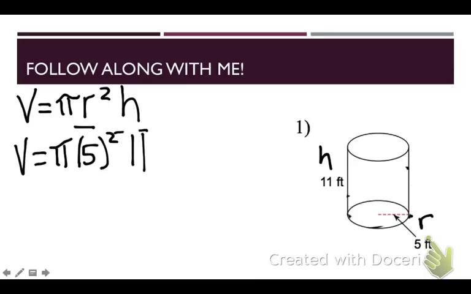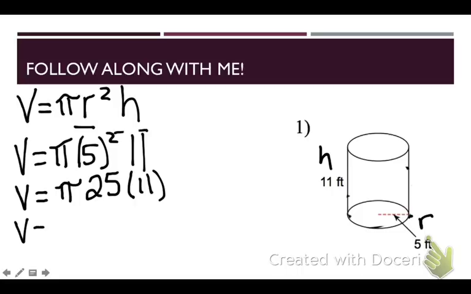Okay. We're going to keep going. V equals pi, 5 squared is 25, times 11. And just as with area of a circle, we need to write this in terms of pi and as a full number. So to write in terms of pi, we just need to multiply 25, which is the radius squared, times the height. 25 times 11.